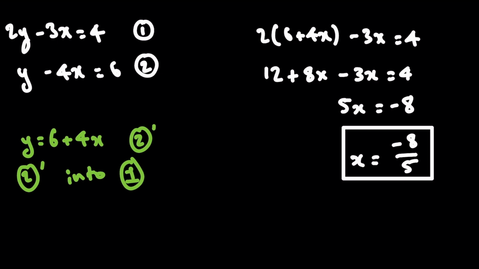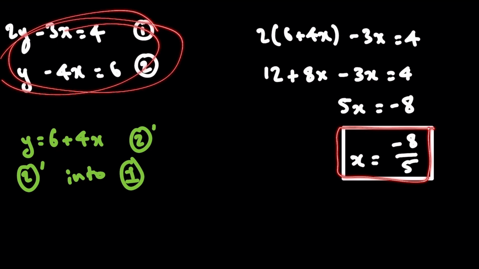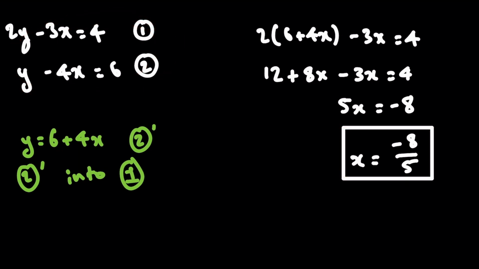The way we solve for the other variable is we could either substitute x into one of these two original equations, but what I find easier is we can just substitute it into the modified second equation. Because if we substitute in this value for x, we'll get y straight away. So let's do that right now. y equals 6 plus minus 8 on 5 times 4, which is minus 32 on 5.